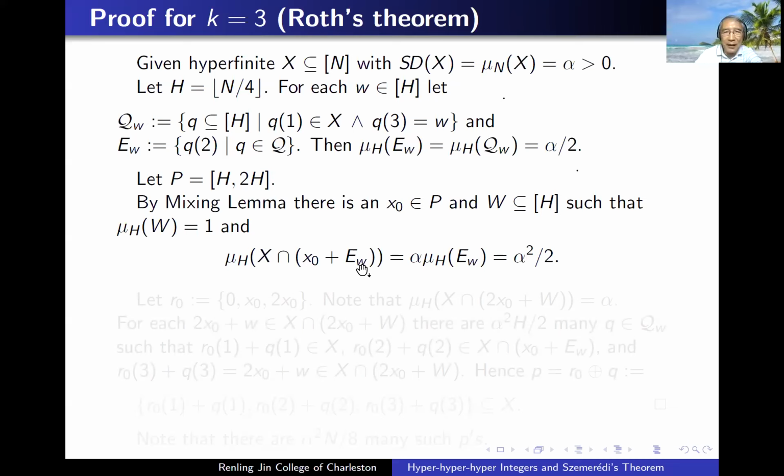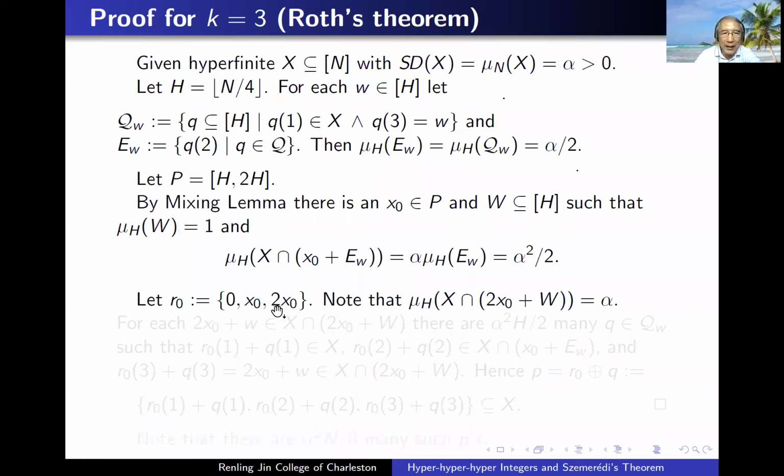Okay, so the measure of this mixing is alpha times the measure of EW, which is alpha squared over 2. Then we create another fixed 3-term AP, 0, x0, and 2x0. Here, x0 is created inside by using the mixing lemma.